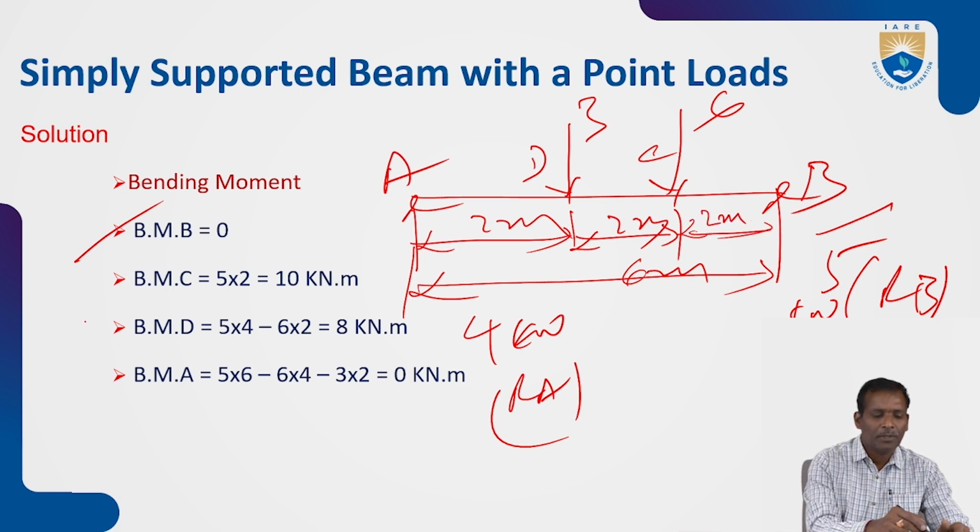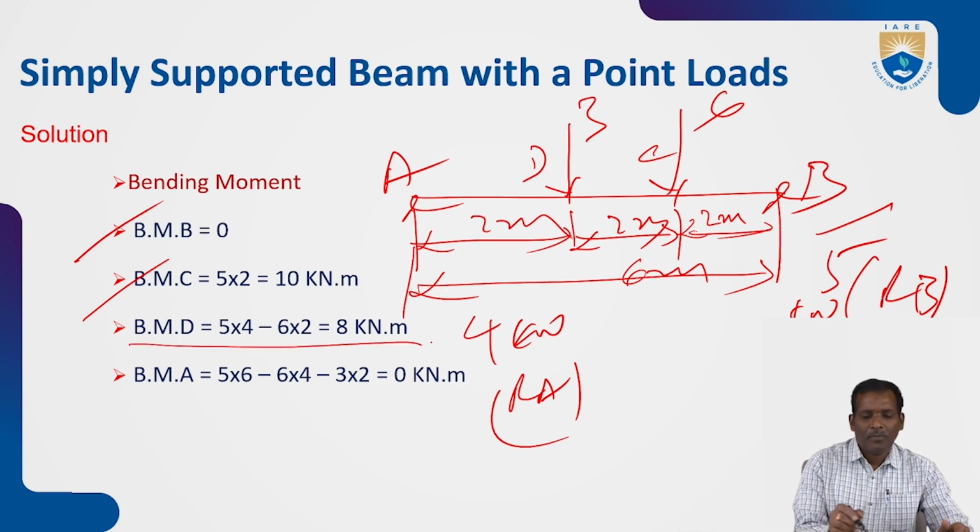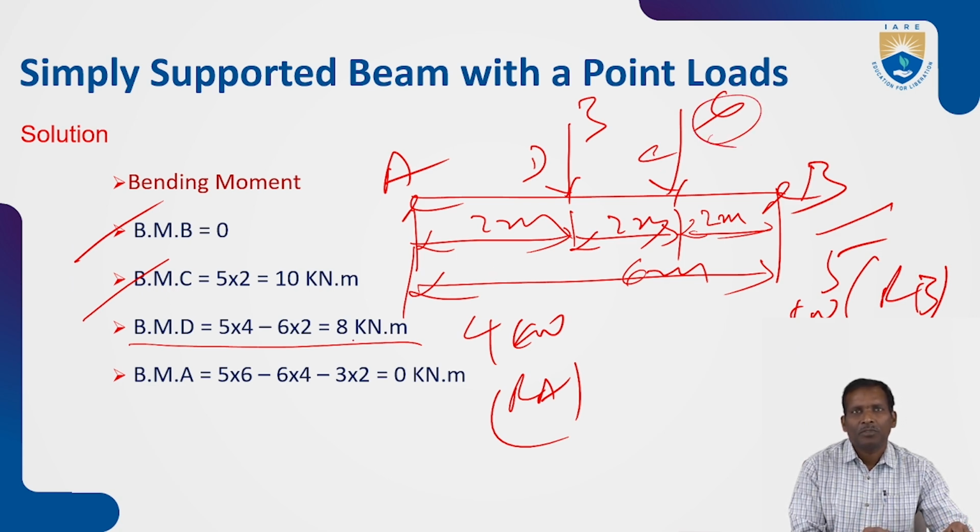So total 10 kilonewton meter. At D, this 5 multiply with 4 minus the 6 kilonewtons multiply with 2. We will get 8 kilonewton meter.